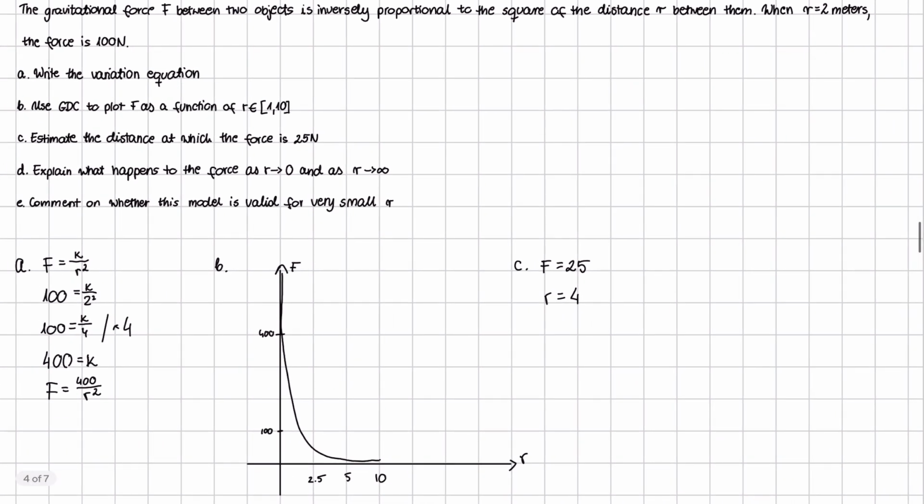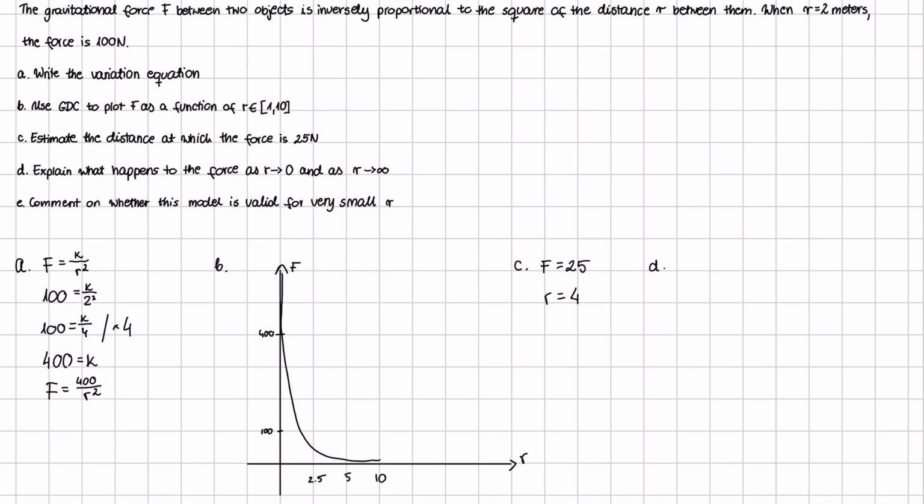In D, we have to explain what happens to the force as r firstly goes to 0 and then as r goes to infinity. So you can observe that our r is in the denominator, so it cannot be exactly 0. However, it can be a very small number, so you can try substituting it in your GDC.